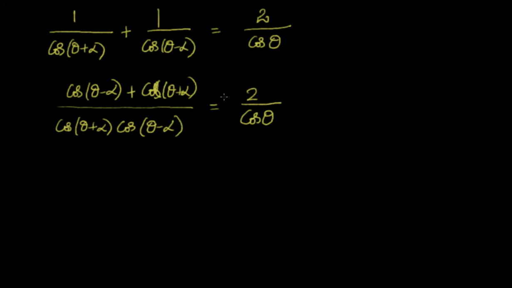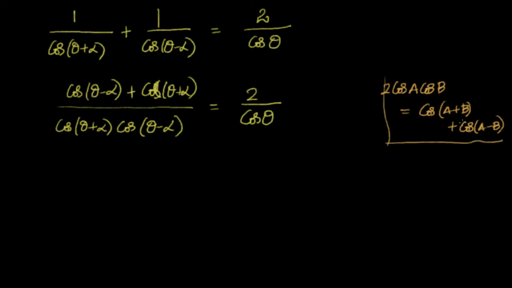Now the formulas we are going to apply: we know that 2 cos A cos B is equal to cos of A plus B plus cos of A minus B. That's one formula which we are going to use now.